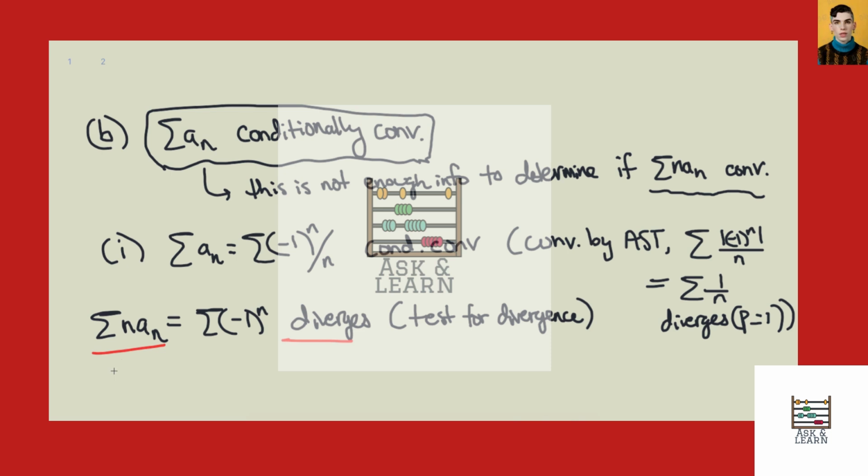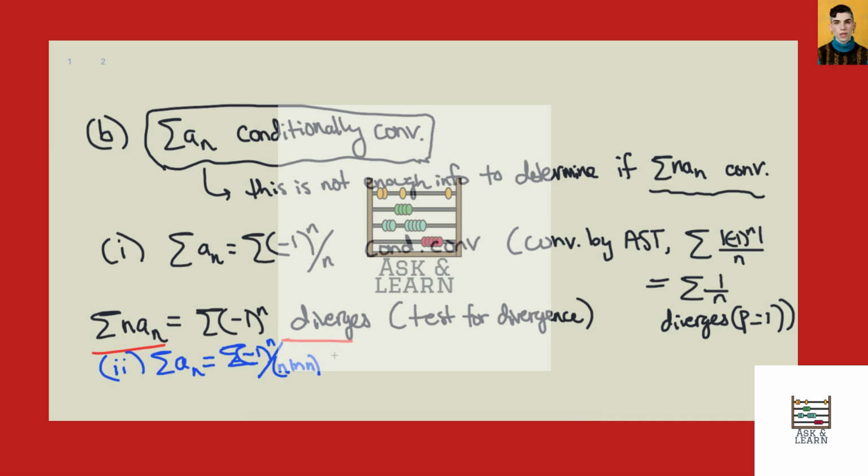Now we'll provide an example in which it converges. This time we'll define the sum of AN. Let's do -1 to the n over, and let's do n natural log n in the denominator.